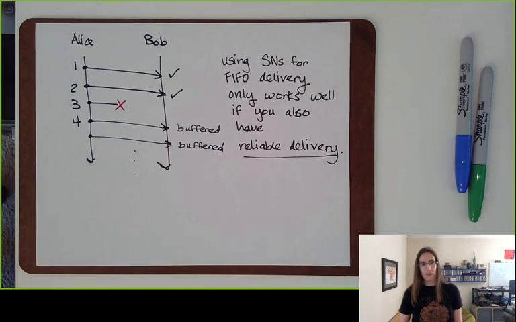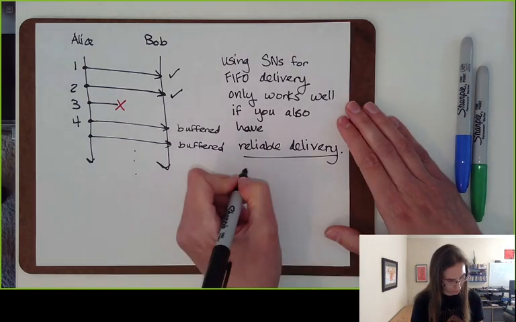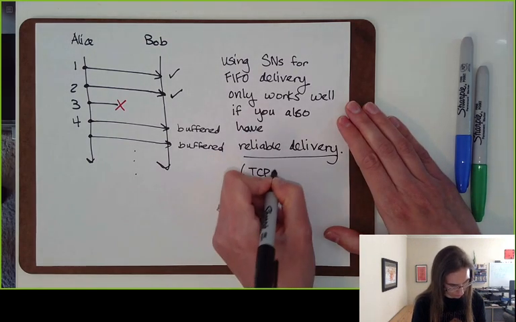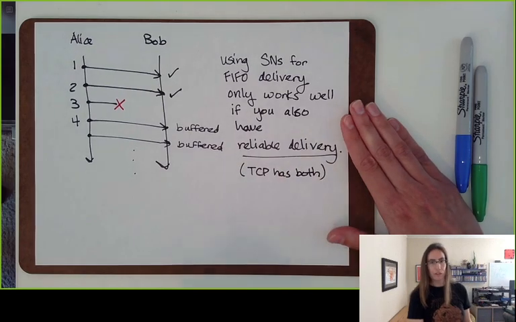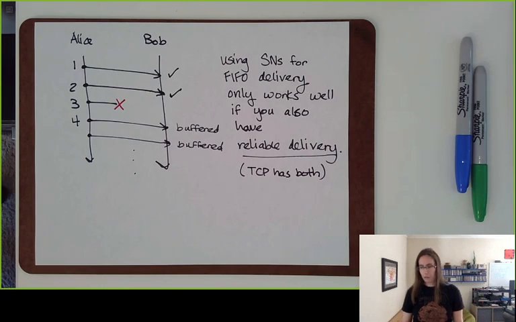So it turns out TCP has both. Reliable delivery is something that we're going to talk about a little later in the course after we talk more about fault tolerance.